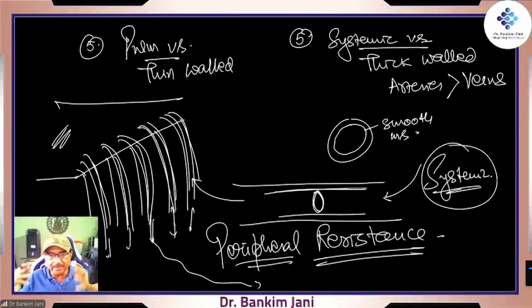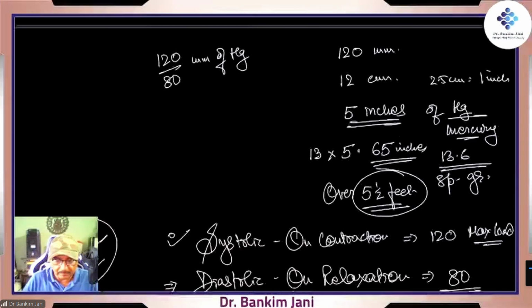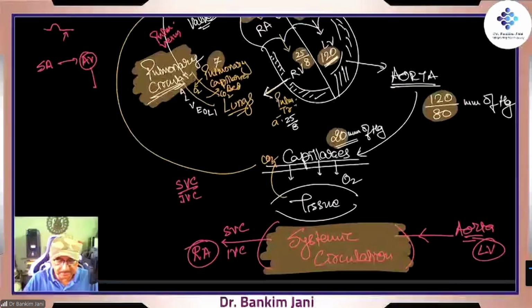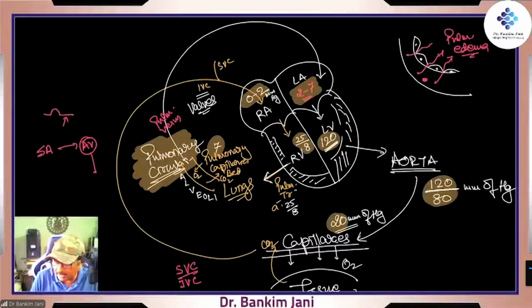Because it is not one capillary, there are millions of capillaries. They give resistance to the side from where the high pressure comes. When it goes out, the pressure is decreased. See this? The pressure over here is 120 by 80, but post capillaries, the pressure drops to 2 mm.